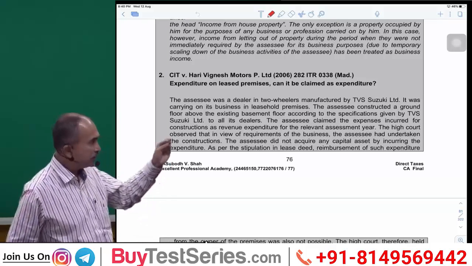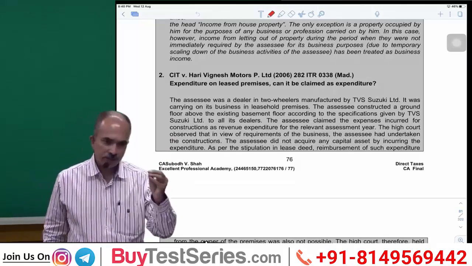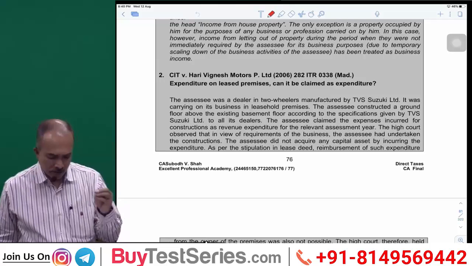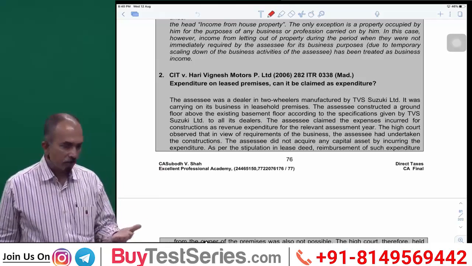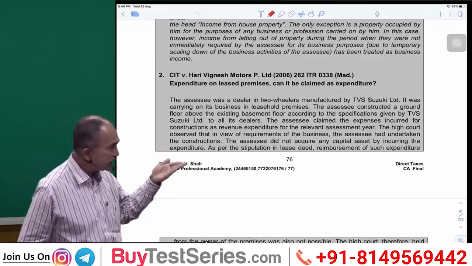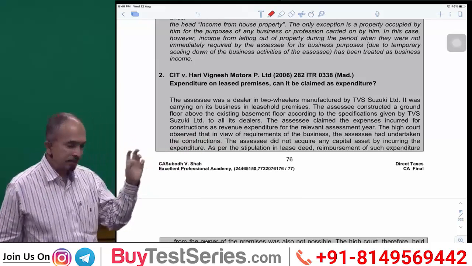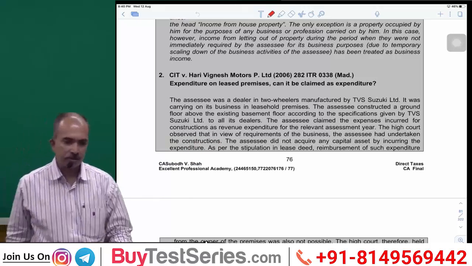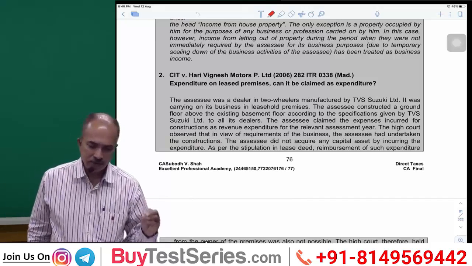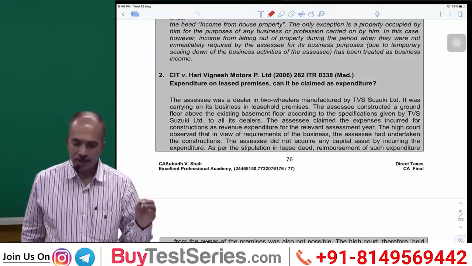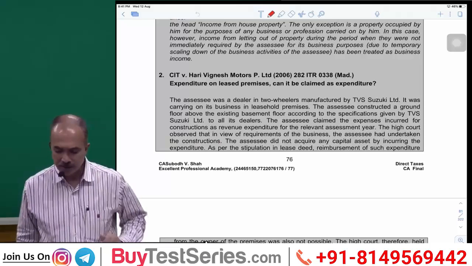So they took a premises on rent, लीज पे एक premises ले ली. The basement floor was there. On top of it, the assessee constructed a ground floor as per the specification given by TVS Suzuki. And the assessee, Hari Vignesh Motors, claimed 100% deduction as a current repair.